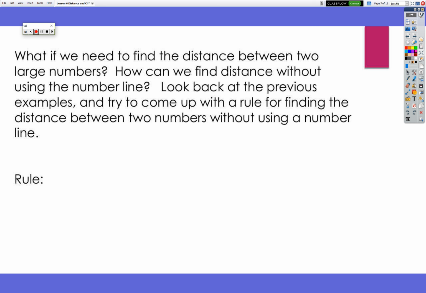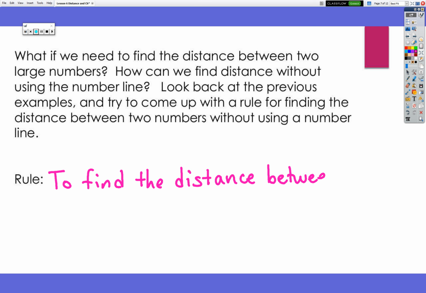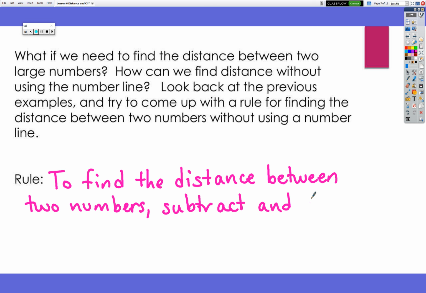Here's the rule. To find the distance between two numbers, subtract the numbers, and then take the absolute value.